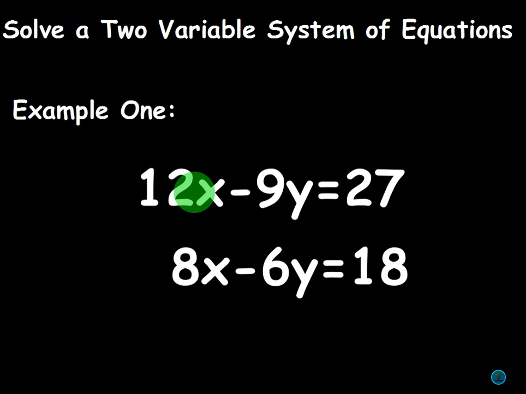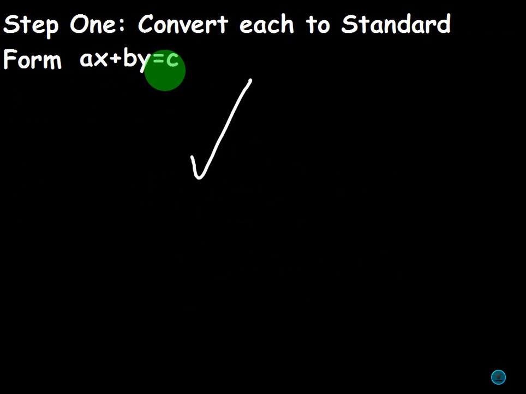Fortunately, for this example, it's already in that form, okay? We have a number times x. It doesn't have to be plus or minus. That doesn't matter. But a number times x, then a number times y equals another number. And both equations are in that form. So for step 1, make sure it's in that form, ax plus by equals c.